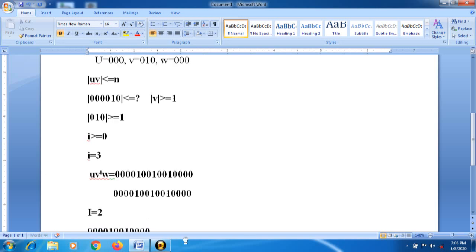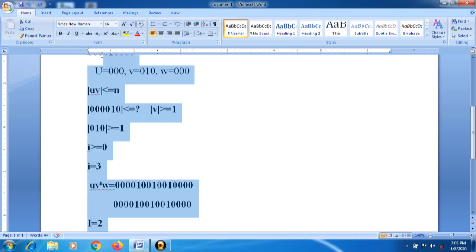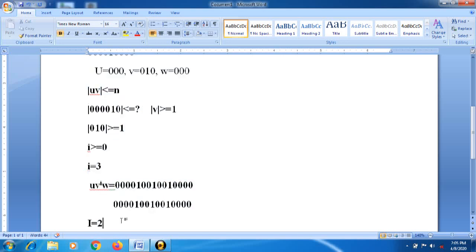But we have divided our string into equal parts, and whenever we divide it into unequal parts, this situation may not be possible. We will see that part also.